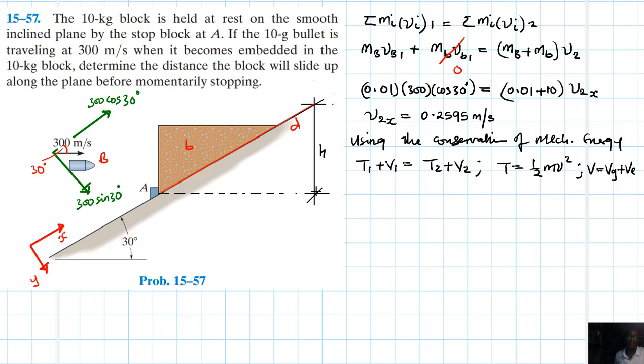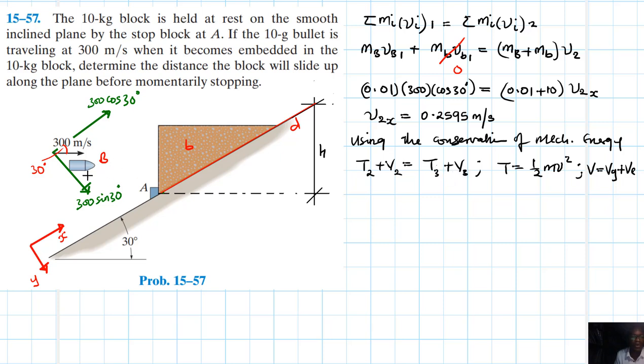Right, the idea is to find the distance that the block will cover along the plane before momentarily stopping. So in fact, instead of this, we're going to call it state 2, then this one 3.